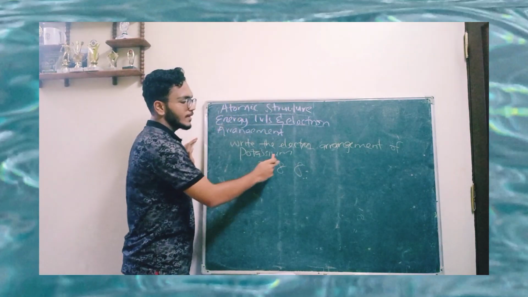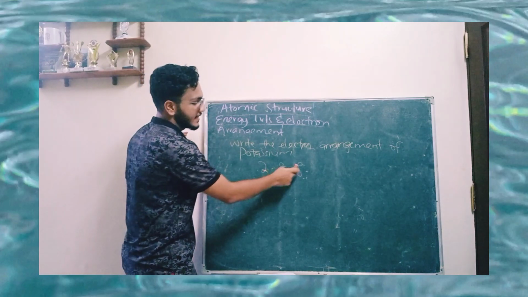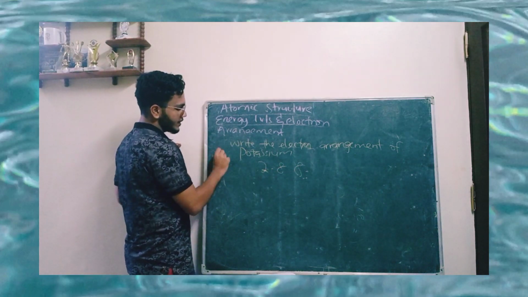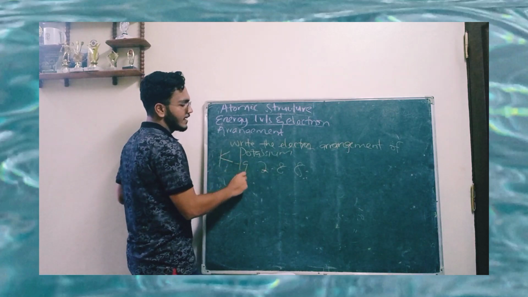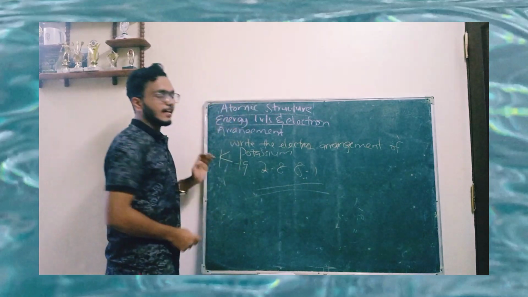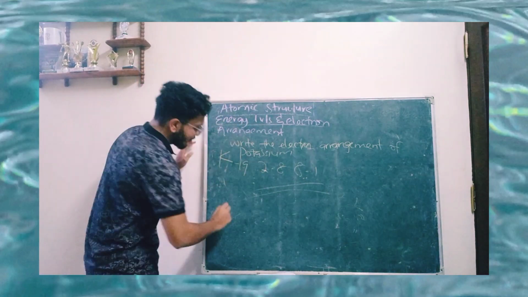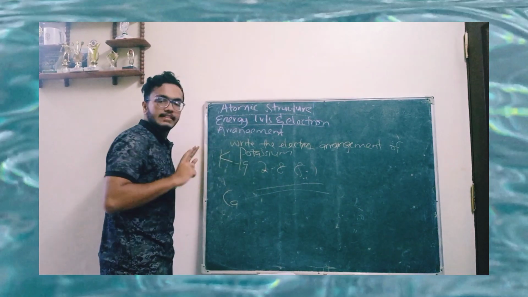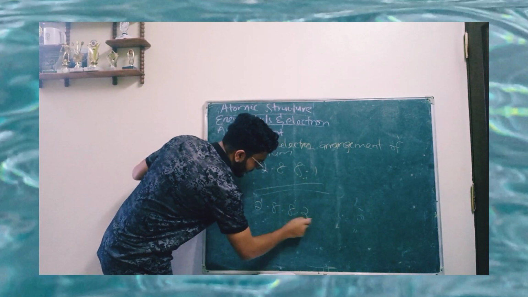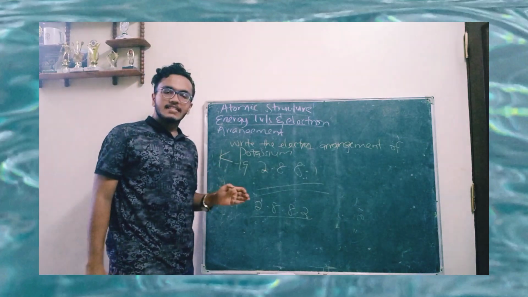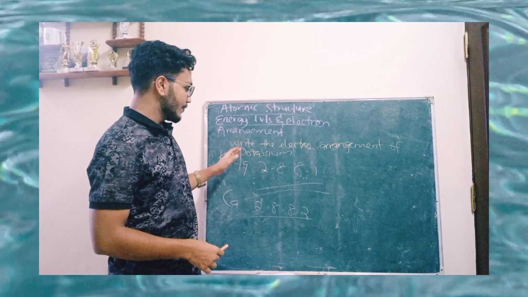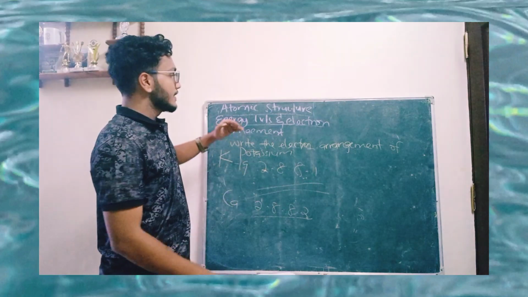Then you add 2 plus 8 plus 8, which is 18. Potassium, represented as K, is number 19, so 19 minus 18 is 1. So 2.8.8.1 is the electron arrangement of potassium. For calcium, number 20, the electron arrangement is 2.8.8.2.